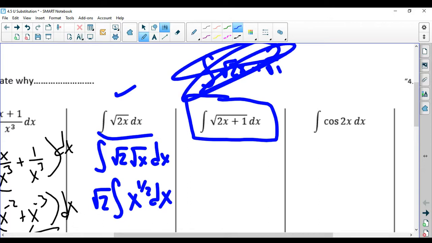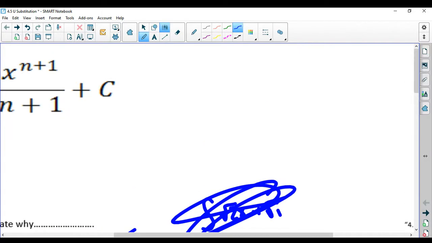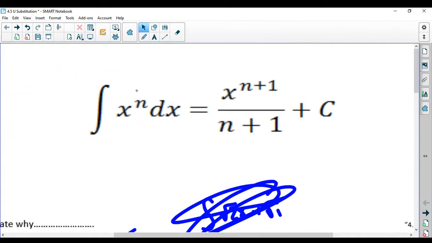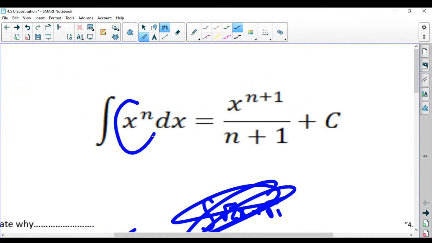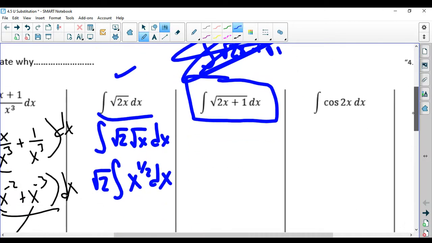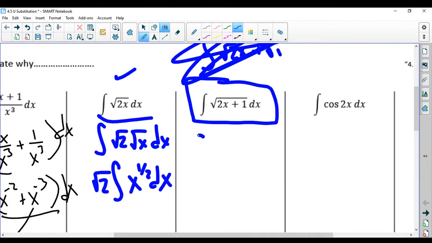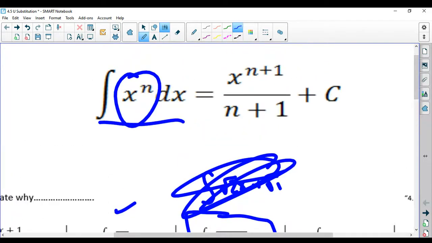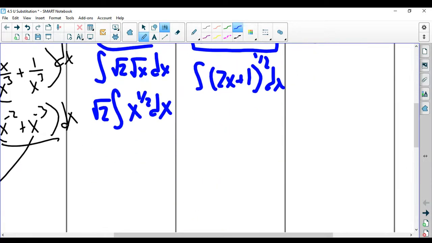So this is definitely not x to a power. It's 2x plus 1 to a power. There's nothing we can really do to get it into the form that we can use a power rule for. So we cannot do this one yet.